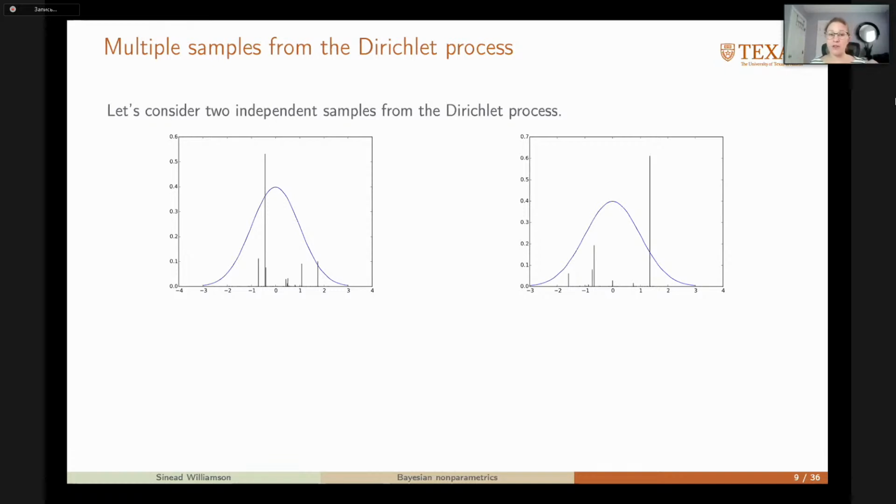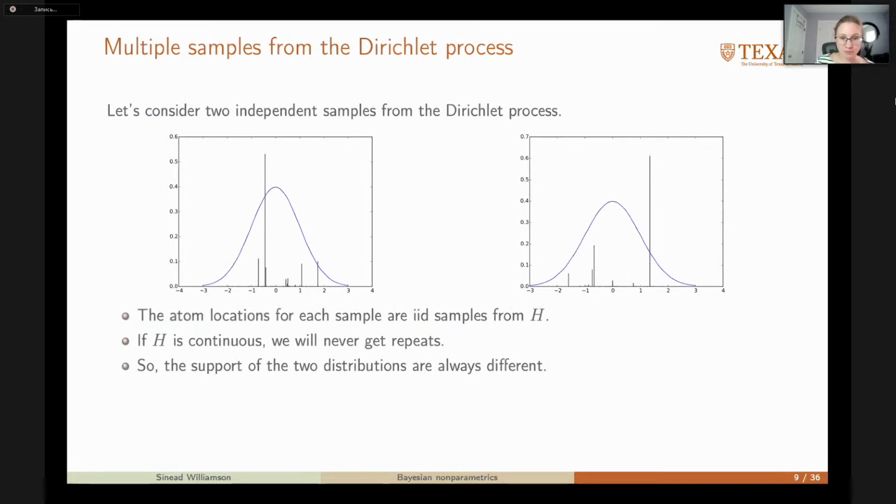Right? They might round to the same number if we just look at a finite number of decimal places, but they're not going to be exactly on top of each other. And that's true of the Dirichlet distribution as well, which we're using as our base measure now. So our two distributions over topics won't have any topics in common, right? Every component is going to not exist in the other. And that's a problem, because the reason why the latent Dirichlet allocation topic model worked was because we had these shared topics.